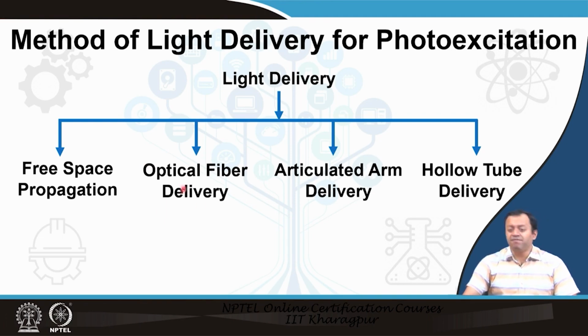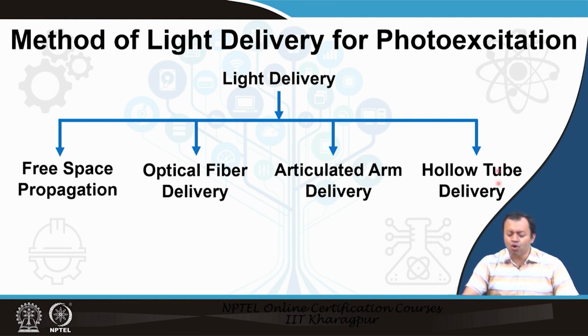Then there is optical fiber delivery. You send light onto a specific region of the body using optical fiber. That optical fiber goes either inside the human body or very, very close to it. Then there is articulate arm delivery. Articulate arm is basically a robotic mechatronic structure that brings light very close to the human body.